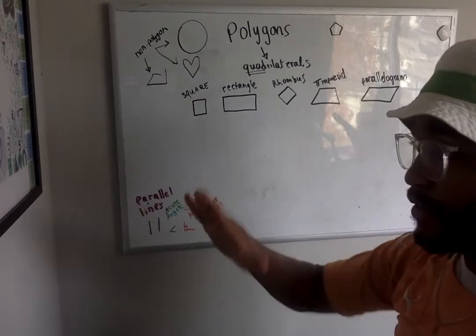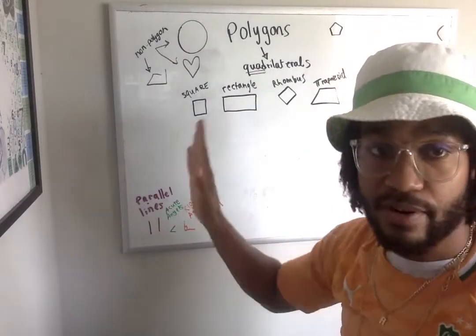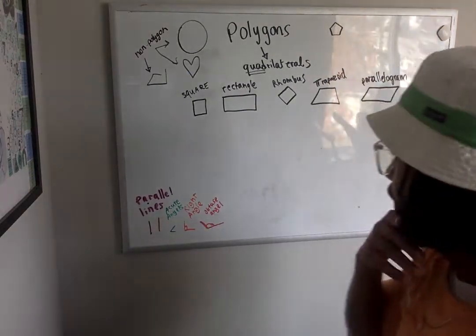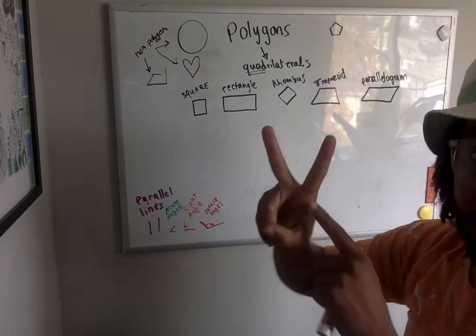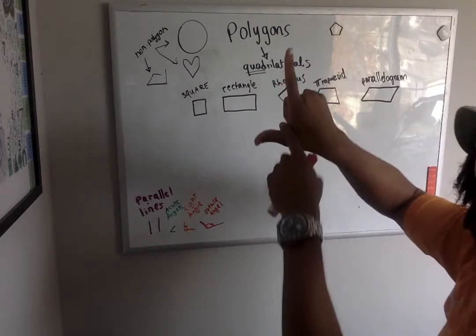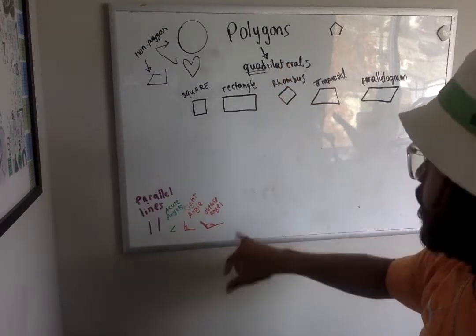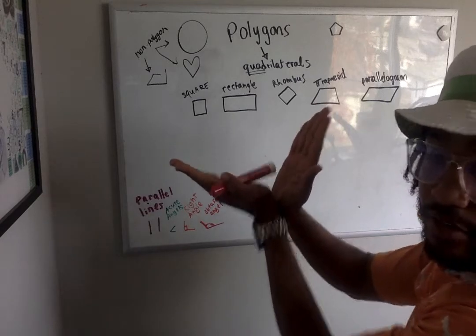That means that sides that are opposite of each other, if they continue, will never touch each other. Something like train tracks. Acute angles are very small, very tiny. You can make them with the letter V. Right angles, you can make the letter L, and it's 90 degrees. And then obtuse angles are very wide, right? So we've been practicing this in the classroom, very wide.